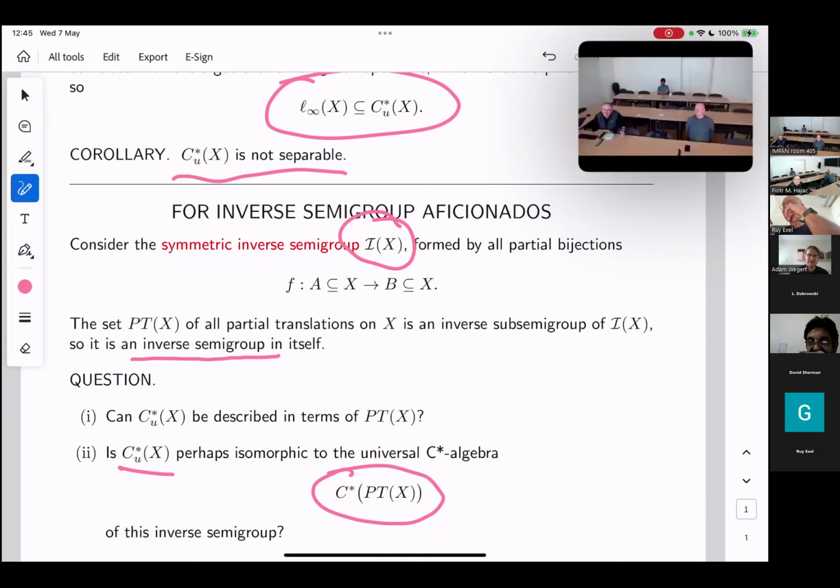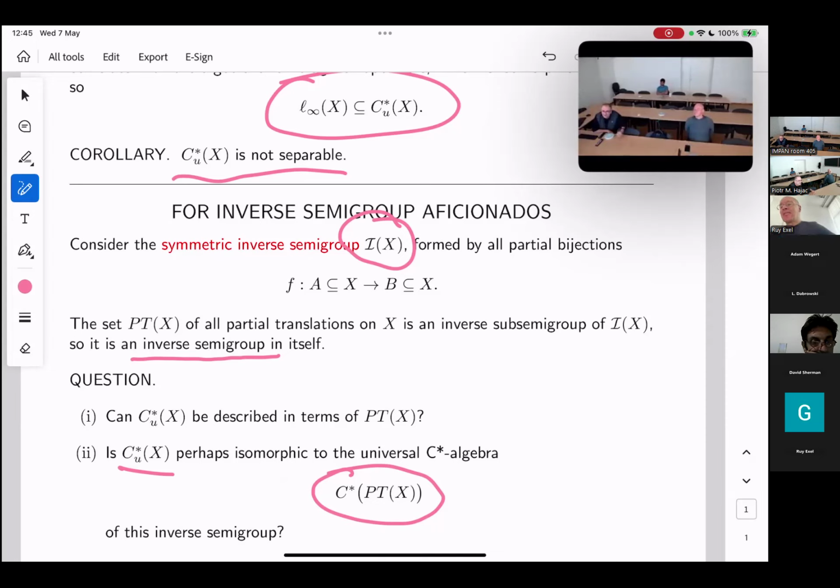Okay, but now more to the subject matter. Would you mind very briefly reminding me what is an inverse semigroup? I have heard the definition from Gilles a million times, but I forgot.